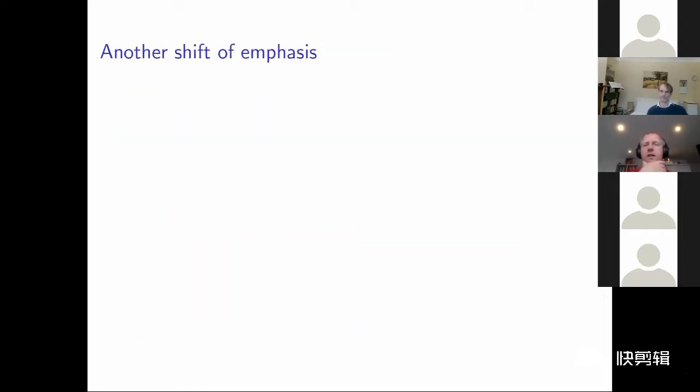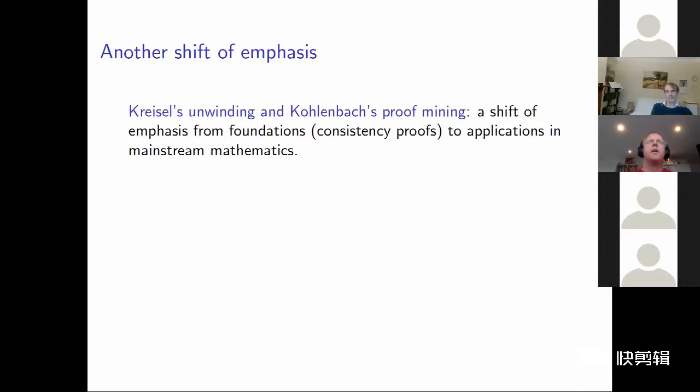And then finally, and then I promise to be quiet, I wish to talk about another shift of emphasis relating to proof theory. Kohlenbach's proof mining is well known, based on Kreisel's unwinding program. It's a shift of emphasis from consistency proofs and foundations to applications in mainstream math, which is great. I wish to talk about another emphasis, which I think is interesting.